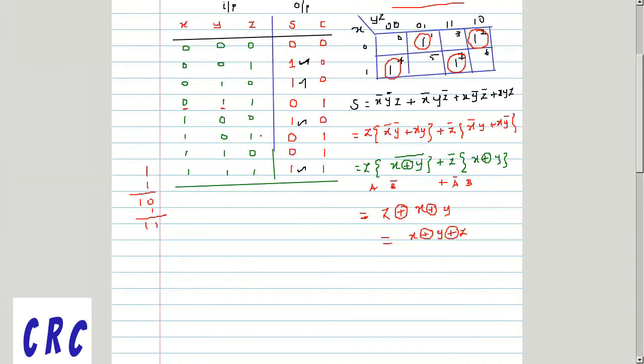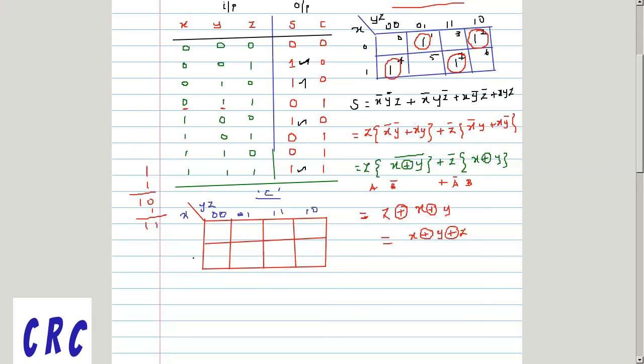Now you have to form another K-map for carry. So I'm just drawing another 8 cell, that is a 3 variable K-map, to determine the reduced Boolean expression. Similar to our sum, I'm going for the same kind of labeling: 0 0, 0 1, 1 1, 1 0, and 0, 1.